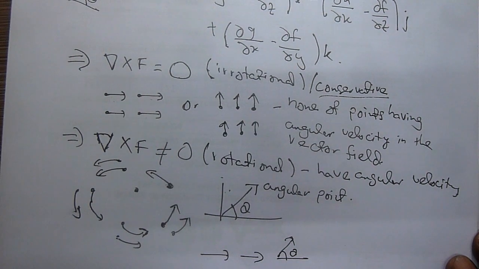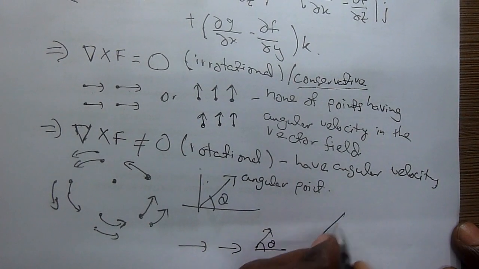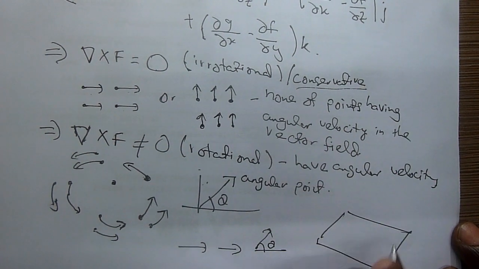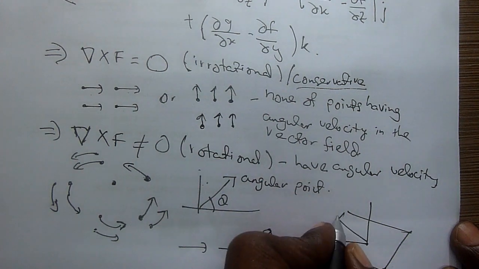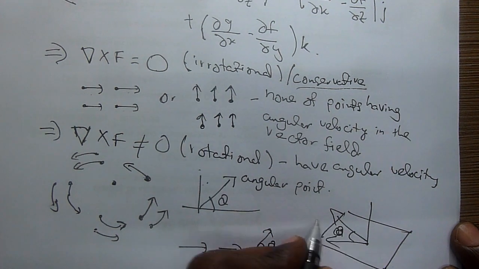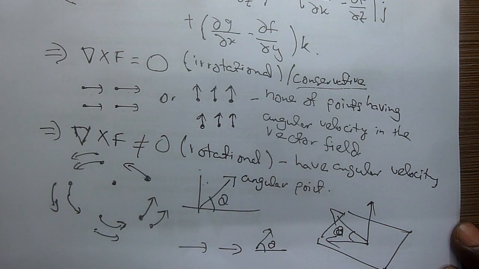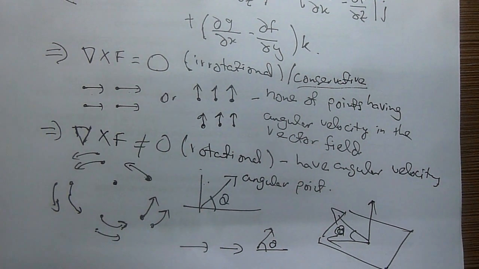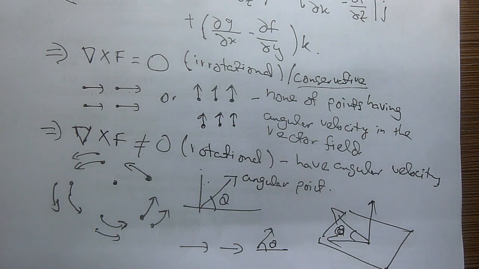In this particular case, again for the surface, you can see there is an angle. Then once on the surface, you can see the angle. I hope that I have given enough explanation for this.